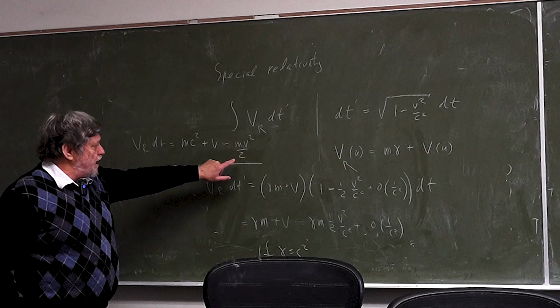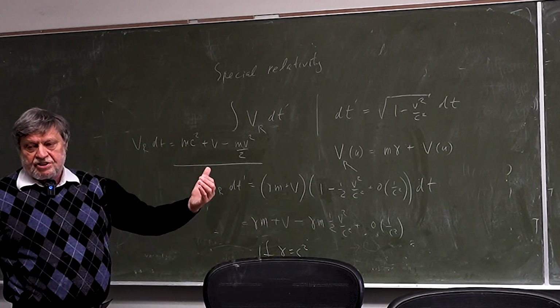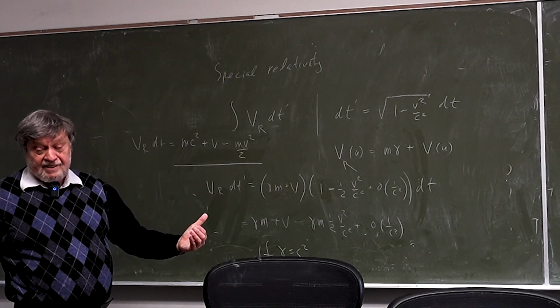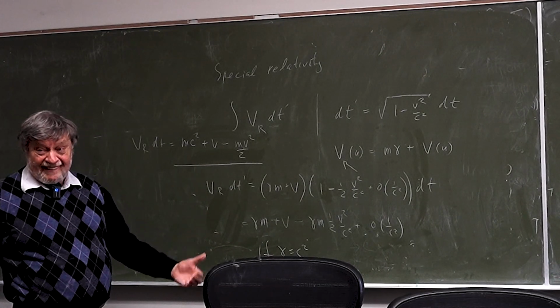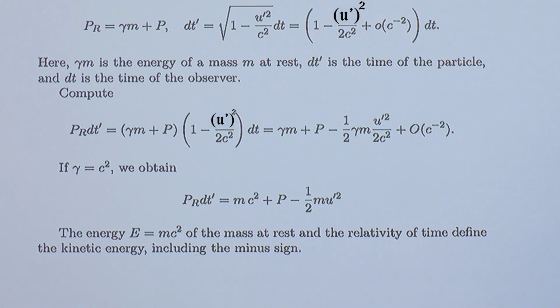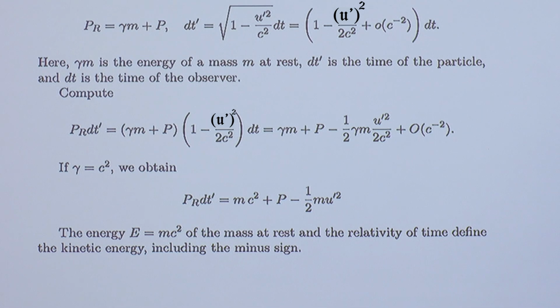So kinetic energy is basically the shadow of the change of time. It's absolutely amazing, right? So by these assumptions of special relativity, we simultaneously obtained this famous E equals mc squared formula.